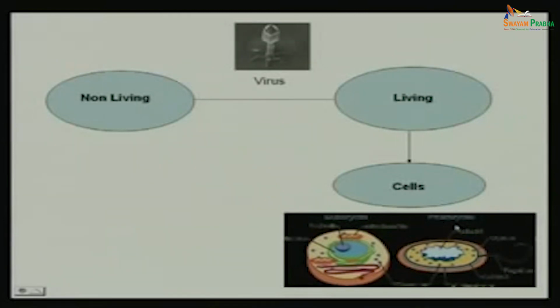Prokaryotic cells are the primitive, or it does not have the well defined nucleus which is covered by the nuclear membrane. That means pro means the primitive, karyon means nucleus.